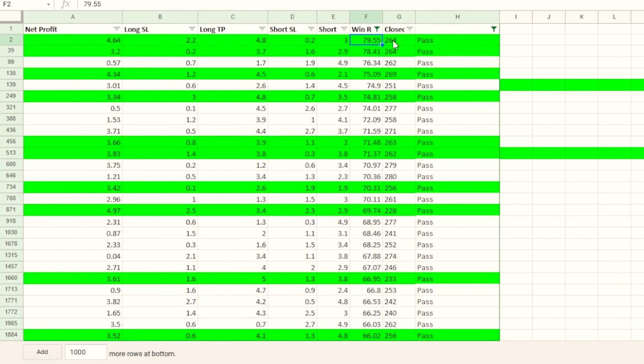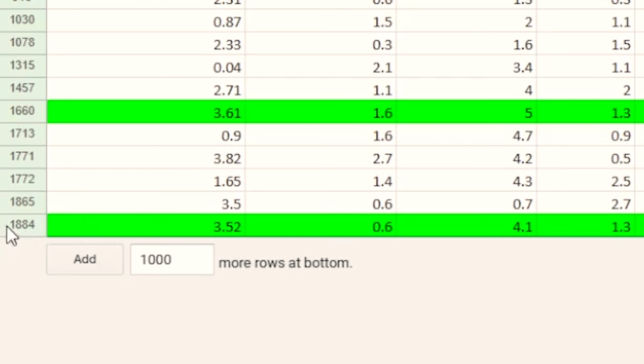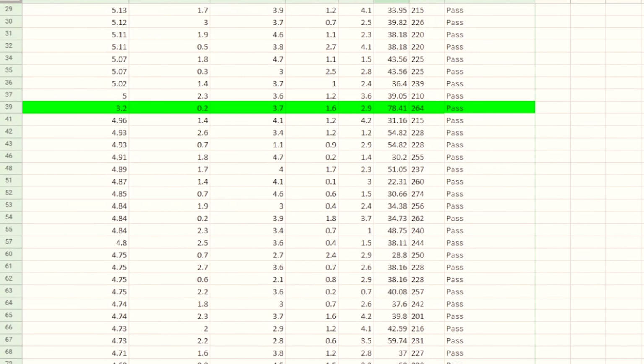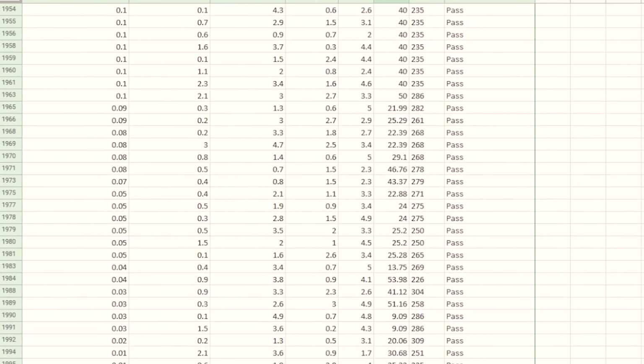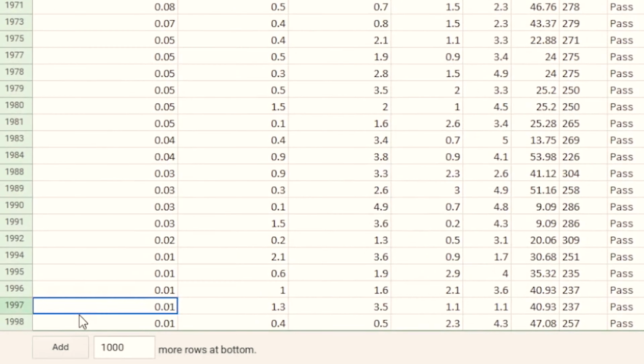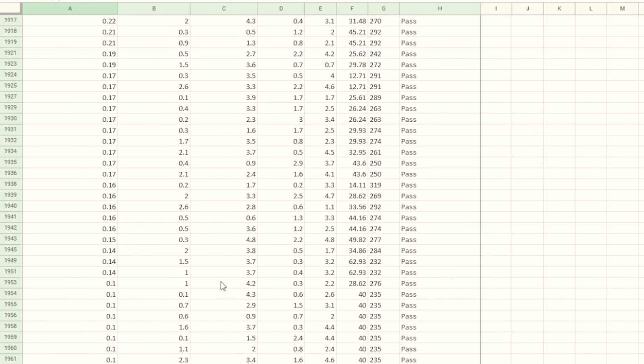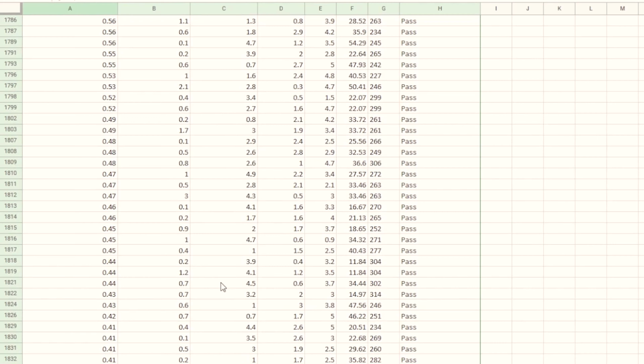That gave us almost an 80% win rate, a 264, and we passed with flying colours, and that seems to be my best result. This one has 1,884 results, and that's filtered down. If I took the filters off, it actually tested 2,000 on that one, and one of them had 5,000 in it, so it actually did roughly 10,000 results.